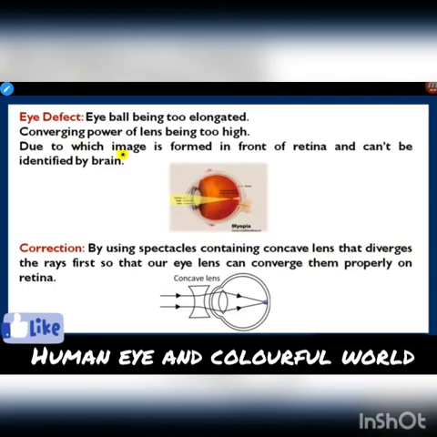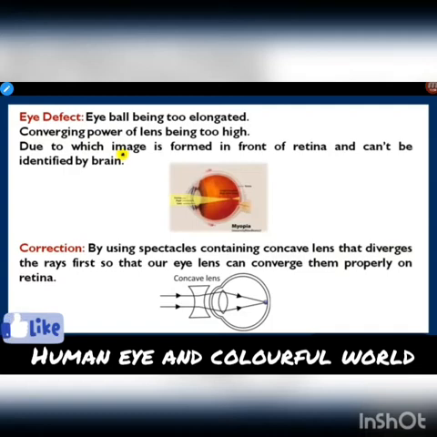Now, what will be the eye defect? Eyeball being too elongated and the converging power of the lens also being too high, due to which the image is formed in front of the retina and can't be identified by the brain.